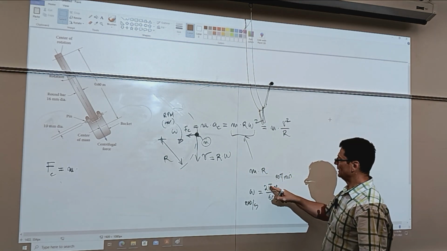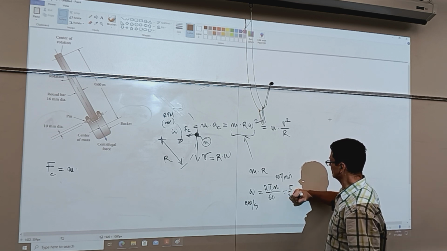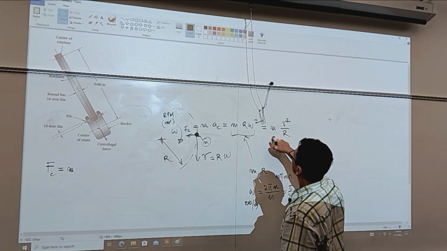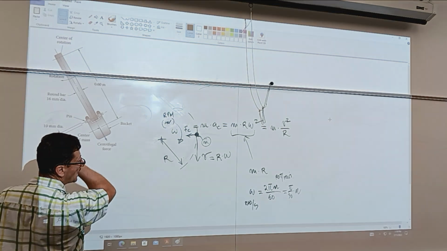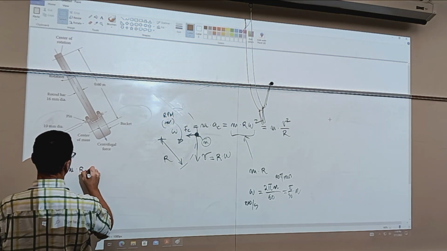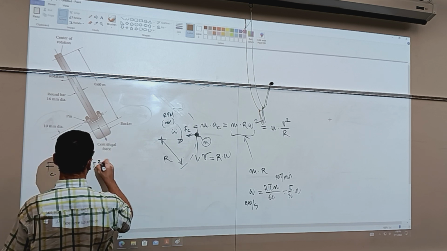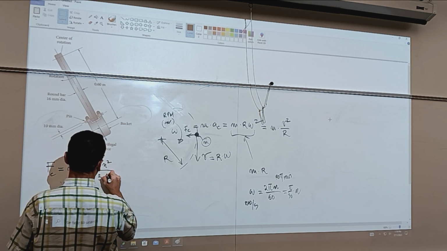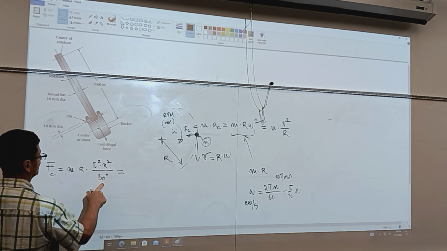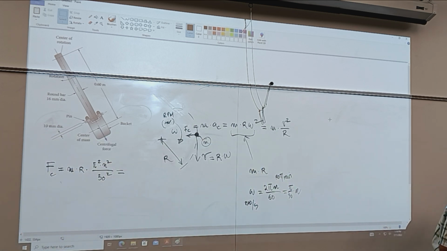Or you can say pi over 30 times N. So we can write m times r times omega squared, which is pi squared times N squared over 30 squared. If you take pi squared divided by 30 squared, you'll get that 0.01097, whatever they have there. You can verify.